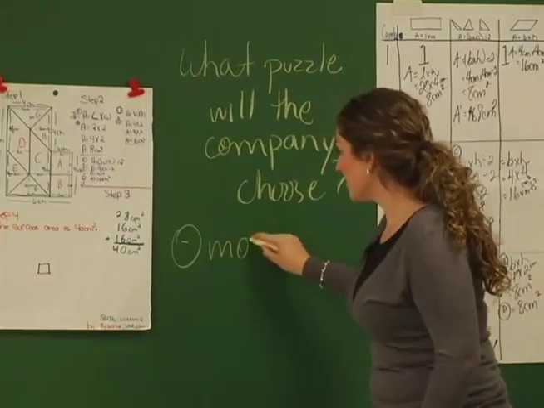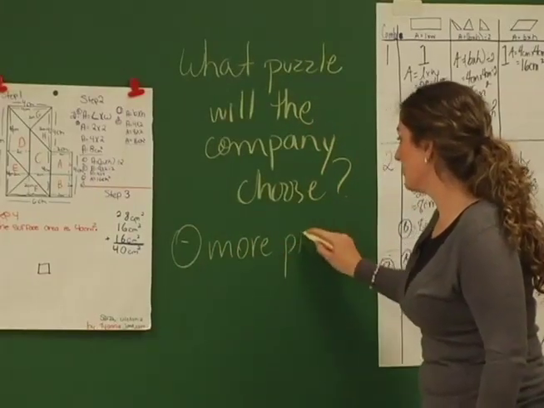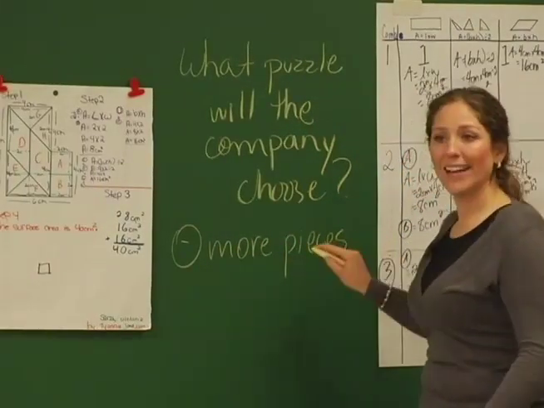I would choose Sarah, Victoria, Tiana, Janet, and Curtis's puzzle because they have the most pieces, and it'd be more difficult for someone to solve a puzzle that has more pieces instead of the ones that have 4 or 5. More pieces? Okay. All right.